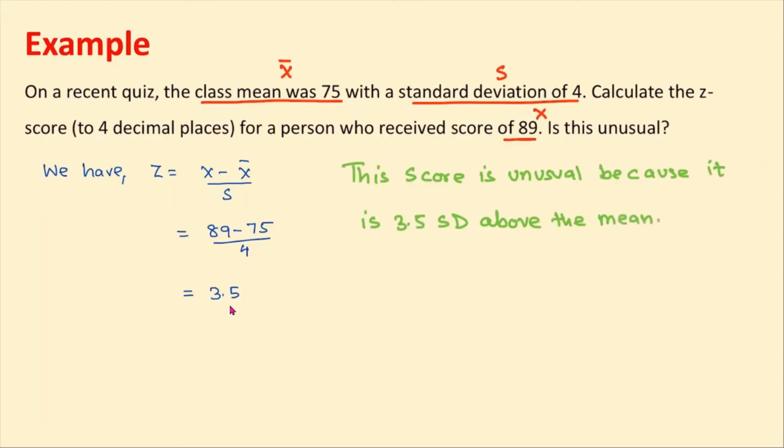So since it is way above the mean, it is unusual. Normally, data that is above 2 standard deviations, we consider unusual. And this is 3.5 standard deviations. So definitely, this is unusual.